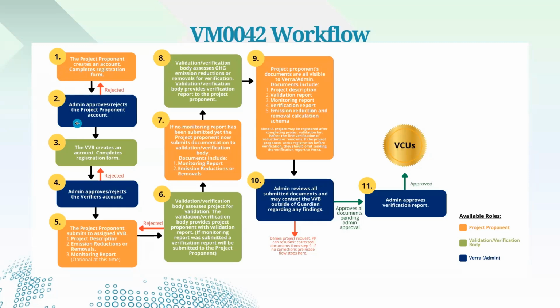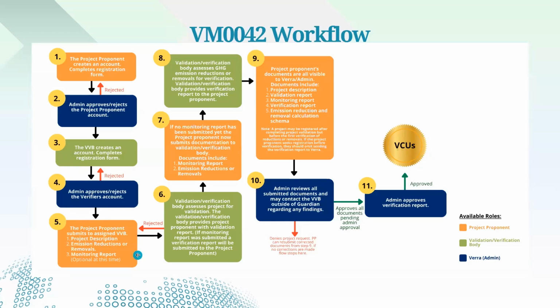The admin can go ahead and approve or reject that project proponent. The same thing goes for the VVBs, and you can have a separate account for a validator and a separate account for a verifier, but they would go through the same flow of just creating their account and completing a registration form. Then the admin can go ahead and approve or reject that validator or verifier account.